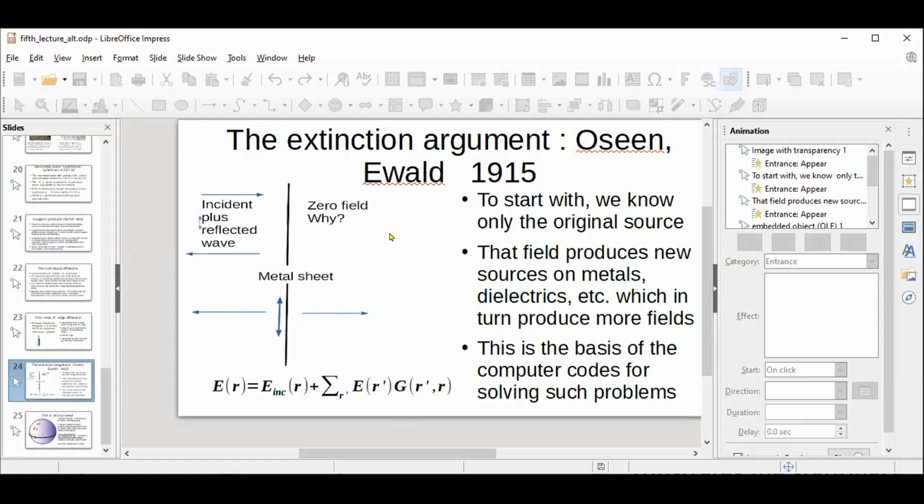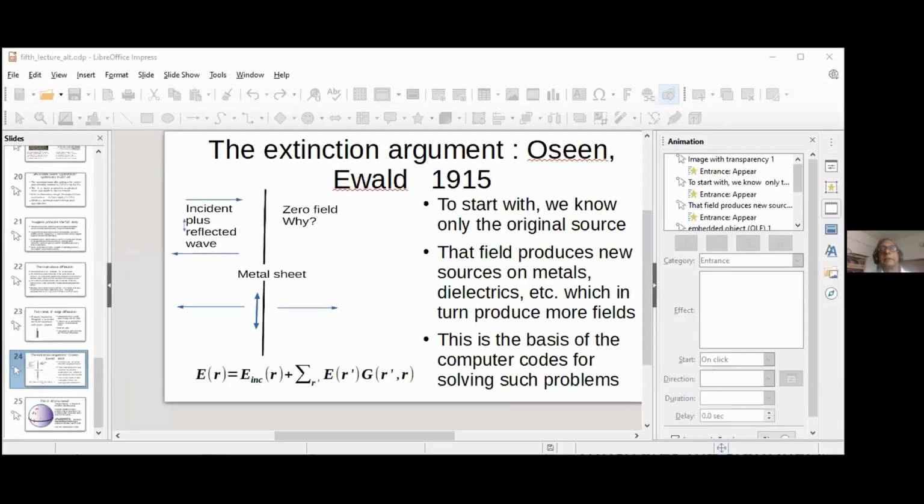So that's very nice. Thank you, sir. So you have to do some work. It's not obvious. That's why it took till 1915 and these two extremely bright gentlemen to realize this fact, which is really a fact about basic optics.